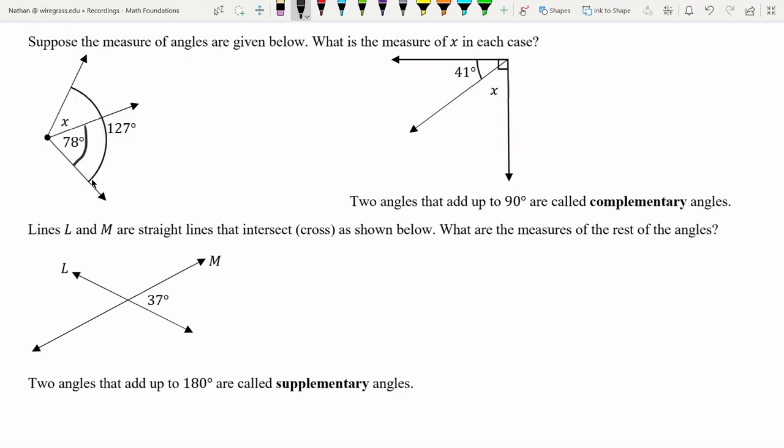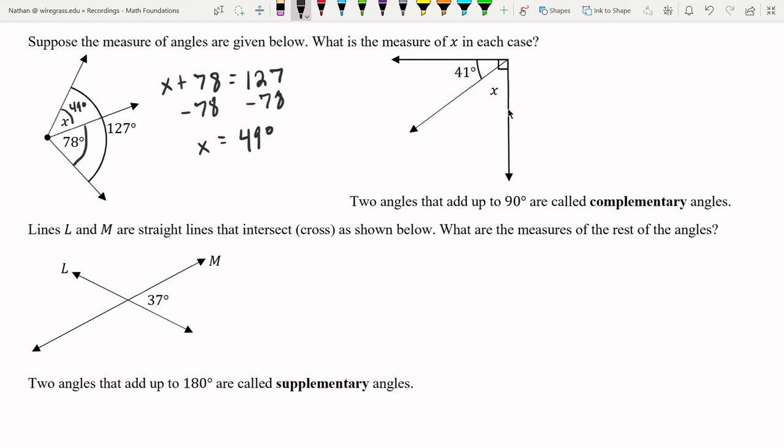Well, if the full angle is 127, then x plus 78 equals 127. To solve this, all we have to do is subtract 78 from both sides, and that gives us 49. Yep, this is going to be 49 degrees.